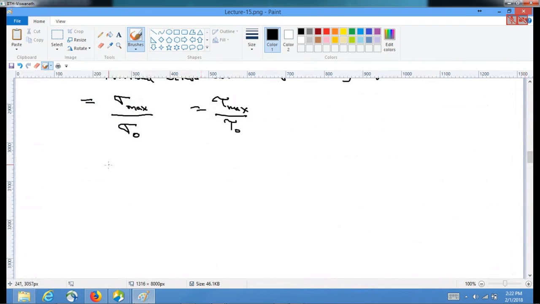So how do we determine these stress concentration factors?